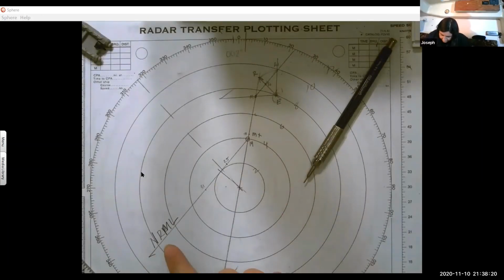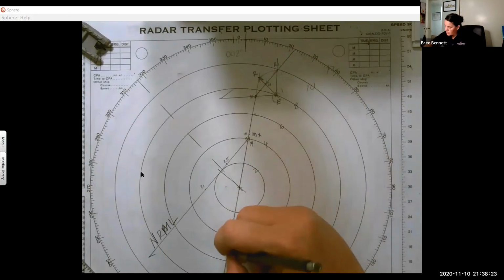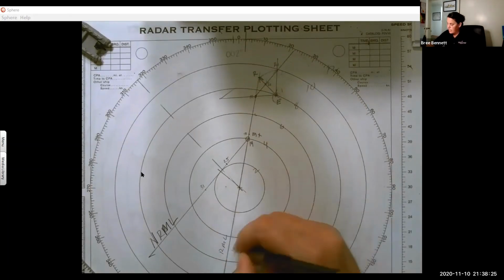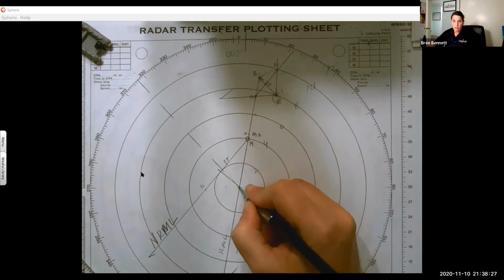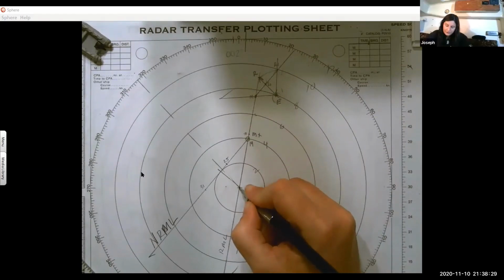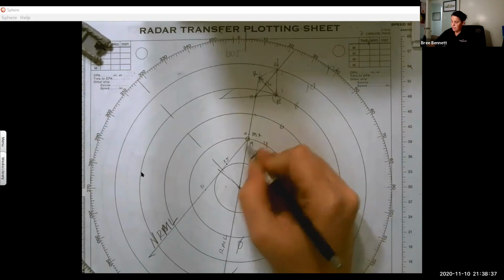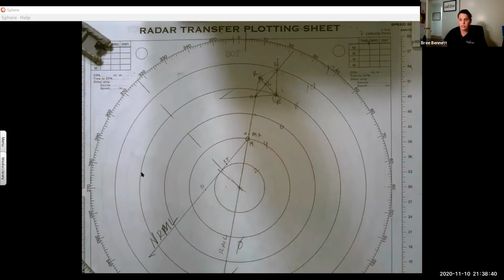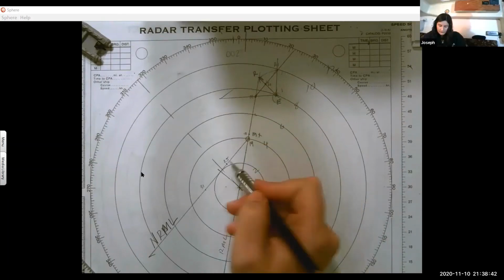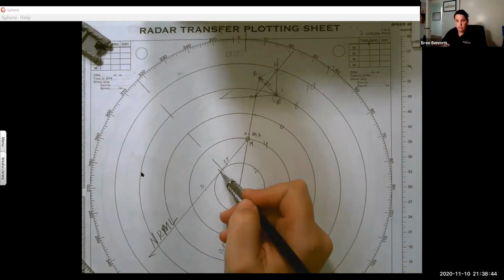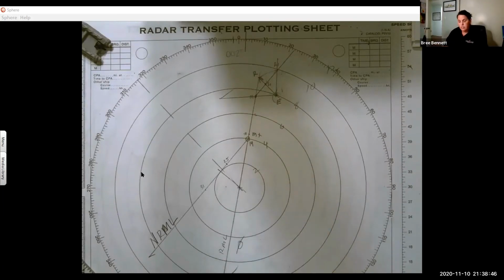Okay. So our original relative motion line gives us a CPA of 0. It goes directly through it. Are you doing the RML off of the 4 nautical mile one? Correct. Okay. So the 4 nautical mile meets the 2 nautical mile circle. Where does it meet that 2 nautical mile circle? Right about there.